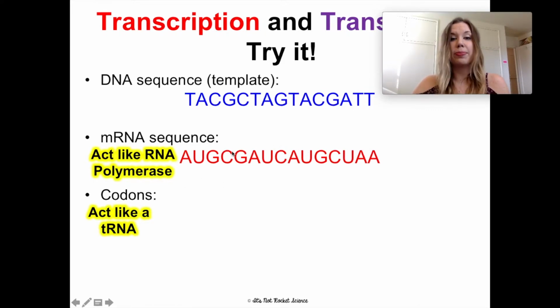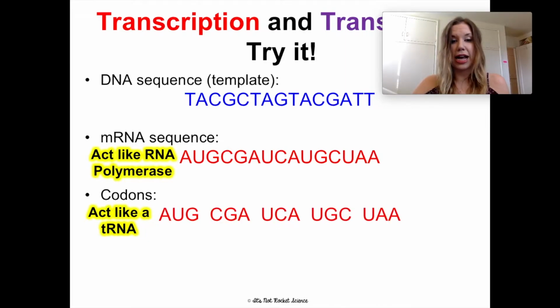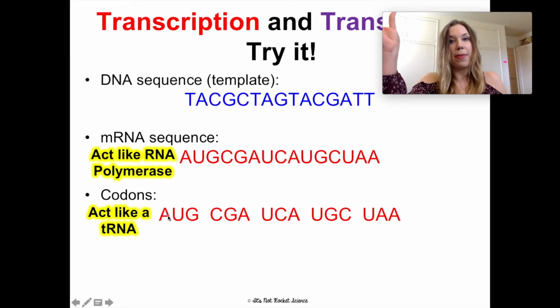I just want you to separate them into triplets. Okay, do that now. All right, if you said AUG, CGA, UCA, UGC, UAA, then you're a-okay. I'm saying you're acting like a tRNA because you're going to match up your anticodon with its complementary codon.